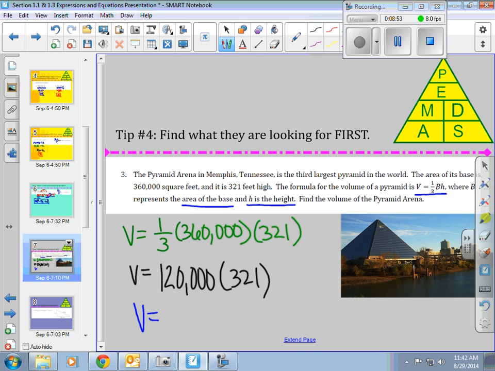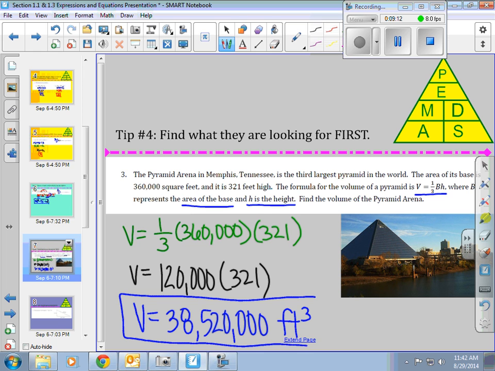And if I go ahead and multiply those two, I will get that the total volume is 38,520,000. And it is important that we label. So this is volume, so it is 3-dimensional. So we are talking feet cubed. And there we have it.